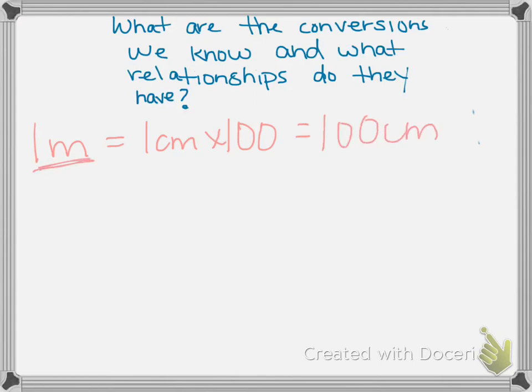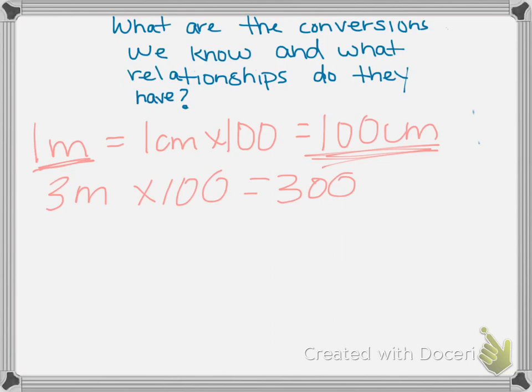So 1 meter is equal to 100 centimeters. And then you could simply plug in a different number for that. So you would say 3 meters, and you would multiply that 3 meters by 100, and you would get your 300 centimeters. Okay, you don't have to write that. Just an example. All right.